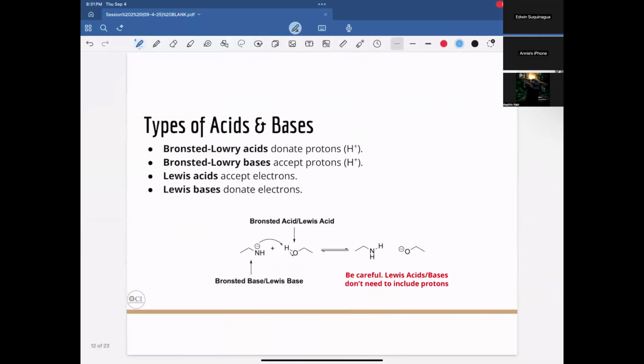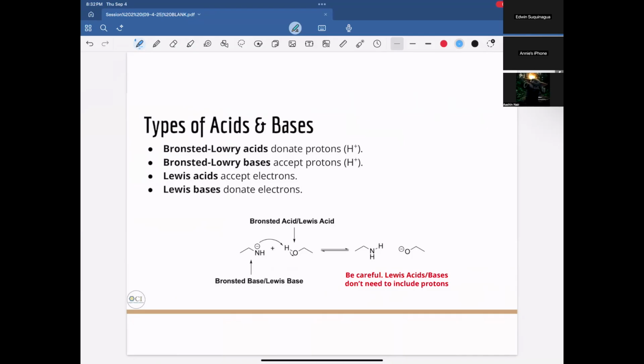All right. Okay, so on to acids and bases. First, we need to know our types of acids and bases. This is just something you memorize, it's not that much to know. To start, we have Bronsted-Lowry acids and bases. Bronsted-Lowry acids are defined by donating protons, and Bronsted-Lowry bases accept protons.